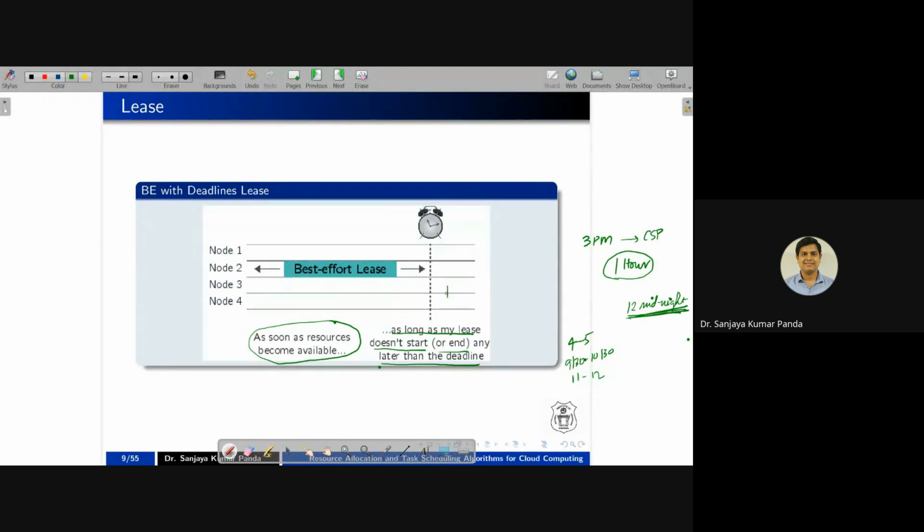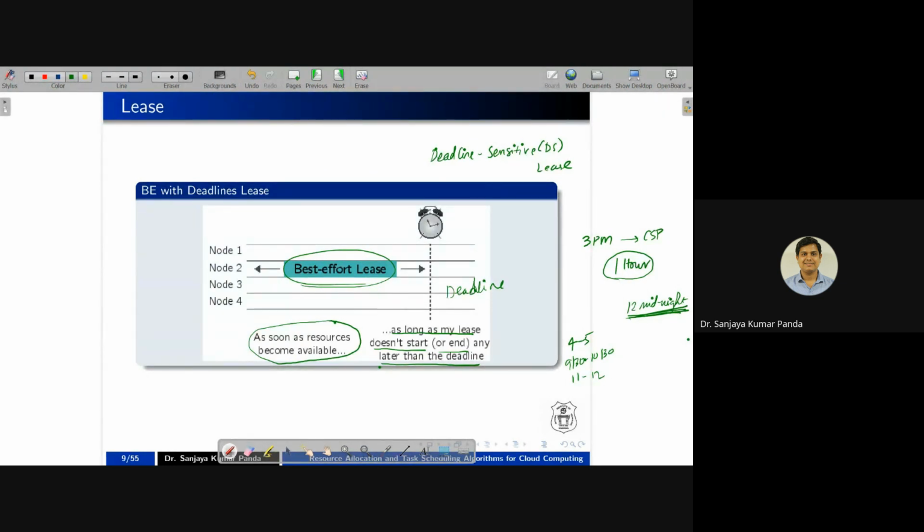If you add a deadline parameter to your best effort lease, then we call that a best effort with deadline lease, or simply a deadline sensitive, or DS lease. So the DS lease is a little bit stringent. It is flexible, but the problem is that you have to fulfill it before a particular deadline, otherwise it is going to be rejected.